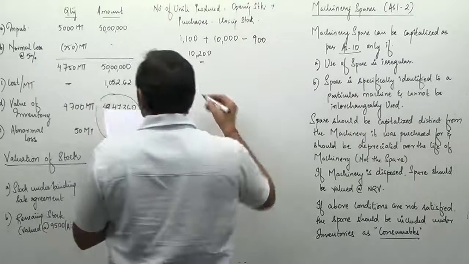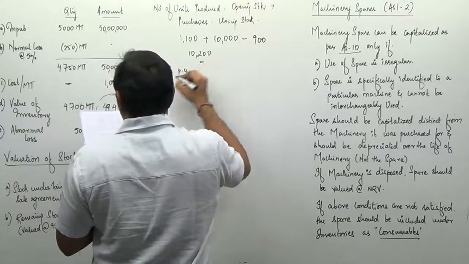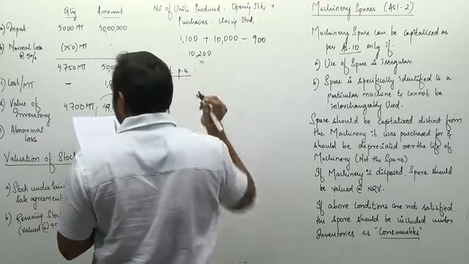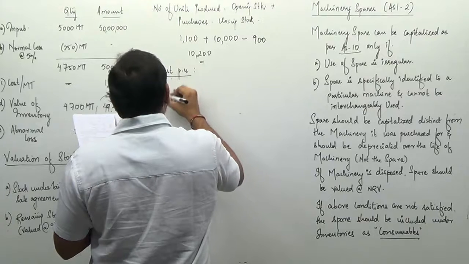So let's check now. Identify your cost per unit. My cost per unit, I'll start with the opening stock.